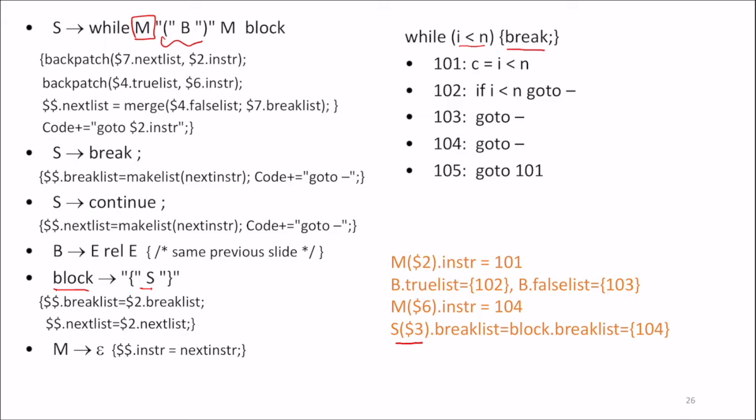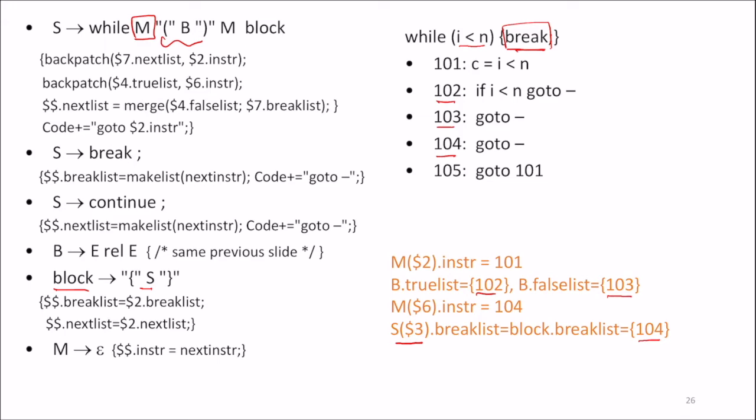It's going to store 102, 103 and 104 into these backpatching lists: 102 goes into the true list, 103 gets into the false list, and the break list is stored as well, which is 104. What we're trying to do here is to model the break. Break just means get out of this loop and continue with other things in the program.